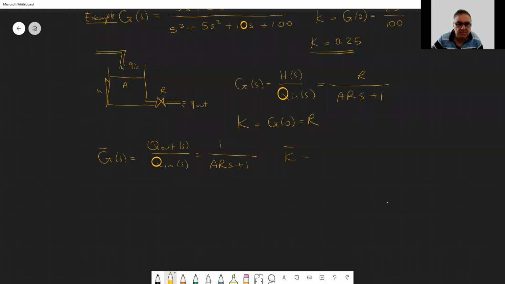In this case, K bar is going to be G bar of 0, which is 1. Which makes sense because when we consider the flows, the output flow should be equal to the input flow when the height does not increase. At steady state, the output and input flows to the system should be the same, right? As you can guess.